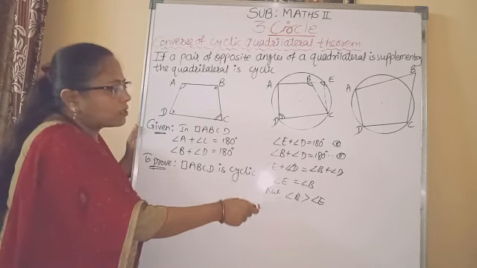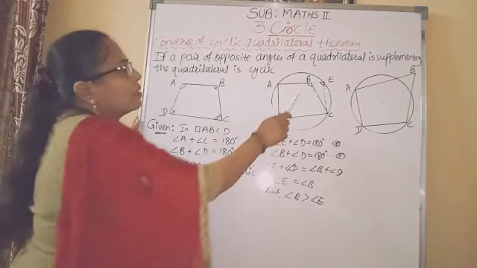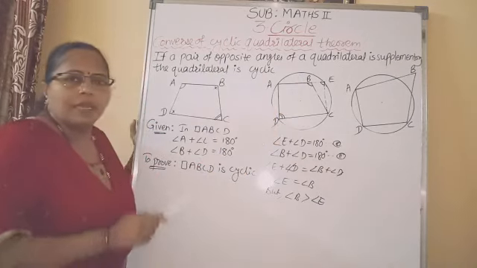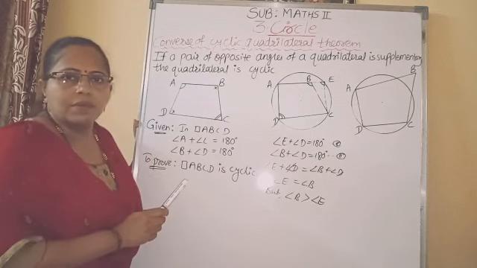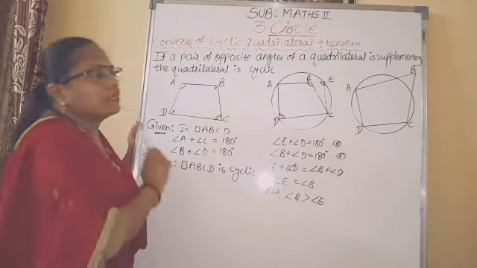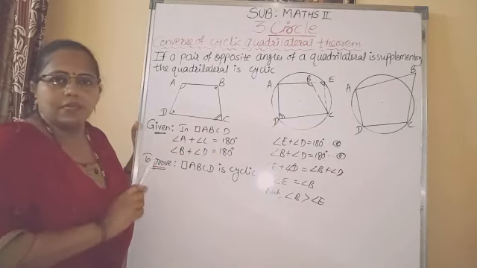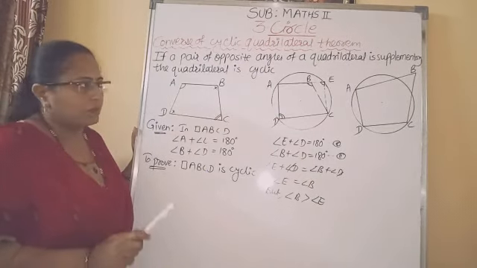So due to this contradiction, what we assumed, that point B is in the interior of the circle, is wrong. So point B is not in the interior of the circle. First possibility we got false.